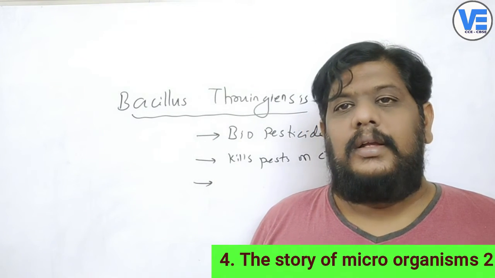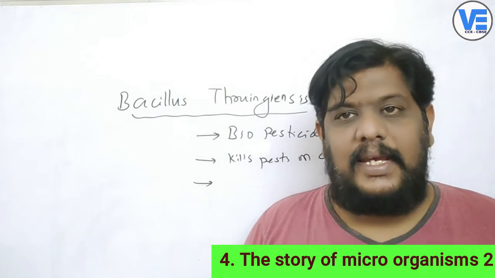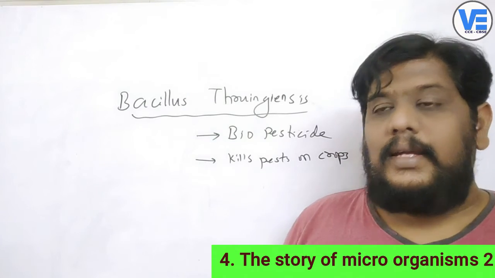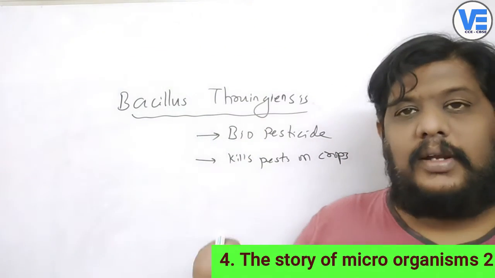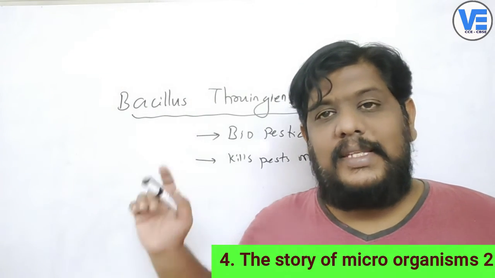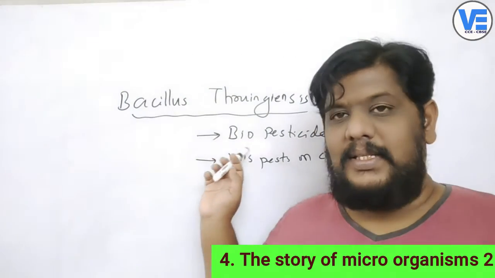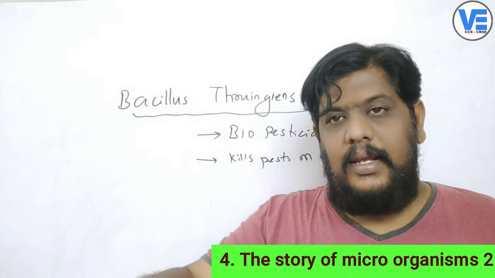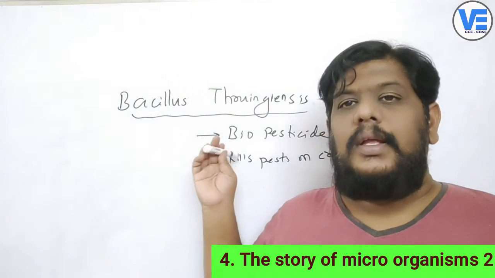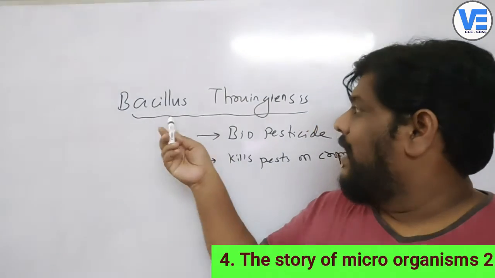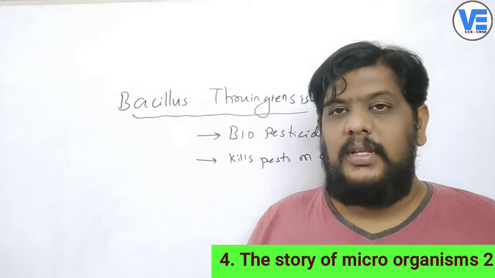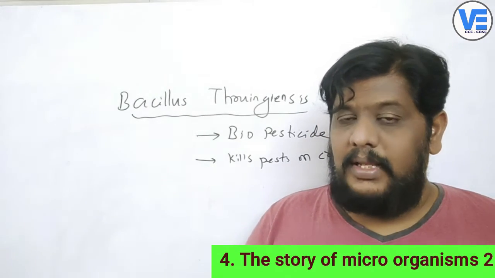This bacteria is used as a biopesticide because it can kill the pests or the insects which usually are harmful to the crops. That means this is extracted from the bacteria and used on the crops, and this Bacillus thuringiensis will kill the pests or insects which are harmful to the plants, but it will not harm the plant.